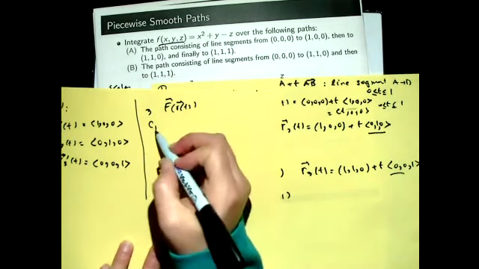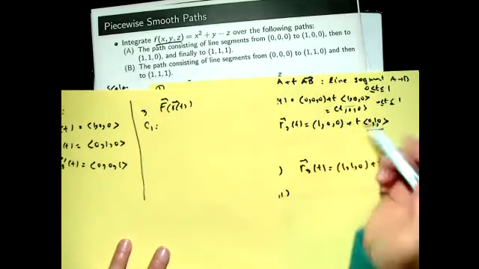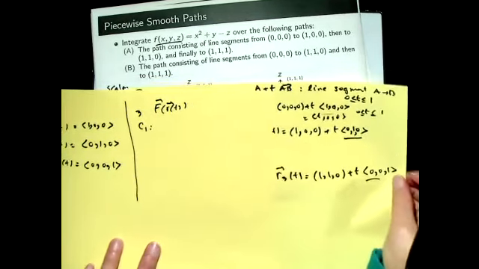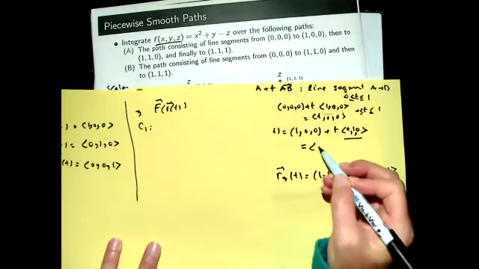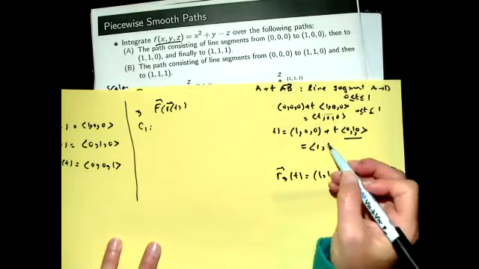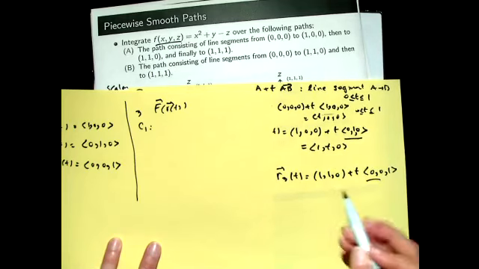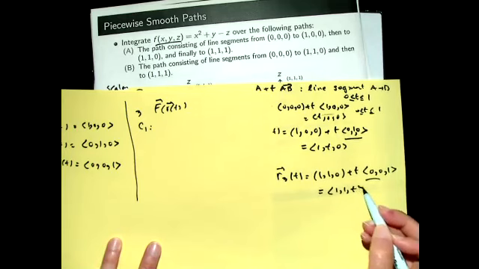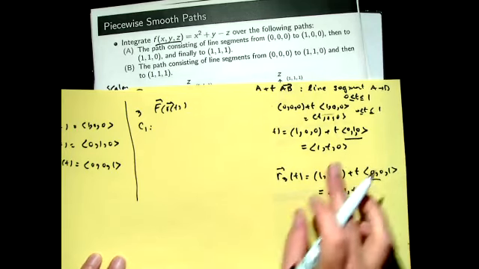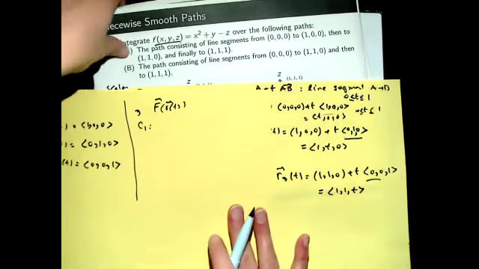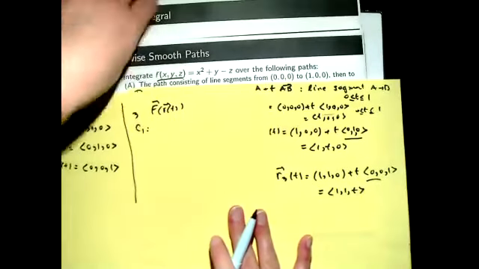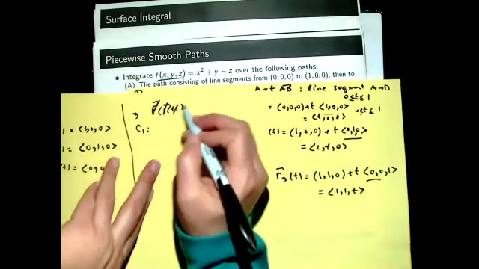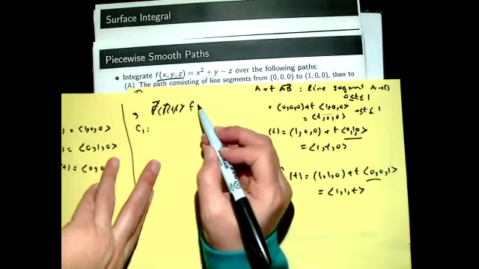So for C1, let me write everything down here. This is 1, T, 0. That one is 1, 1, and T. So for C1, oh sorry, it's a scalar line integral.